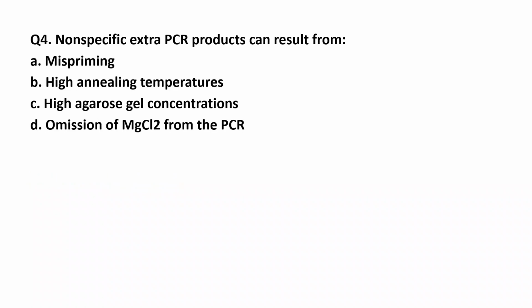Going back to the previous question: if the negative control is positive, that indicates contamination.